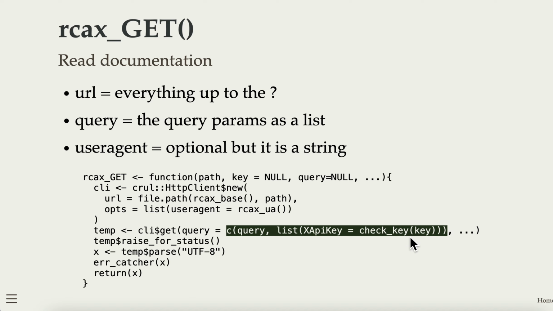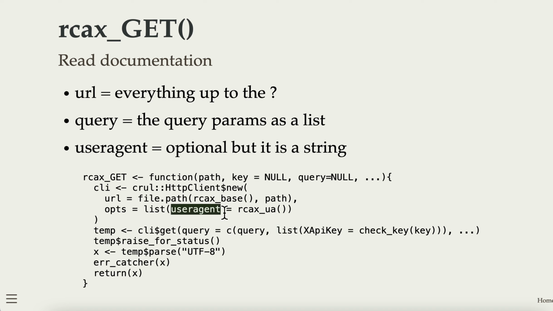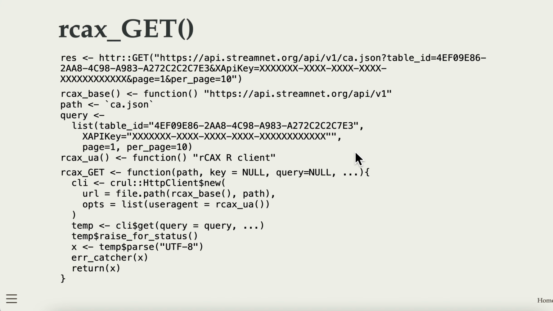The only other thing you need to care about is the user agent. It's optional, you could get rid of it, but it's good to have in there. It's a string that tells the database who you are, so it shows up in their logs who's hitting their database.